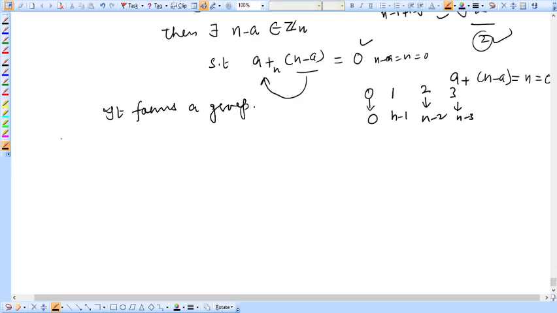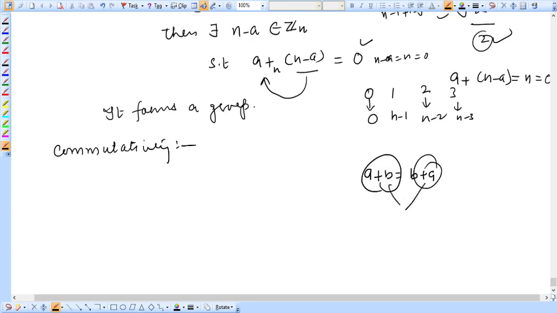Also let us check the commutative law. Commutativity. We know a plus b is equal to b plus a, therefore they will leave the same remainder. This fact we are going to write over here.